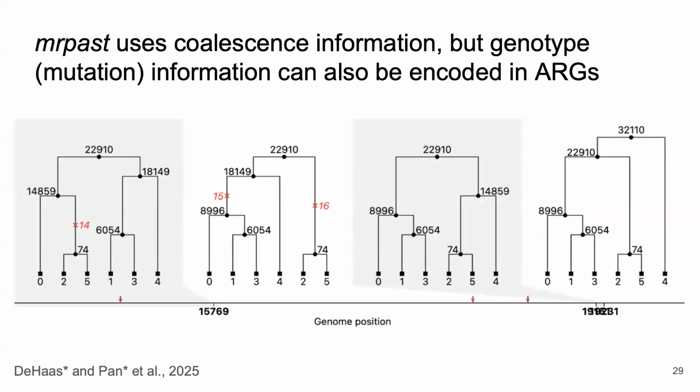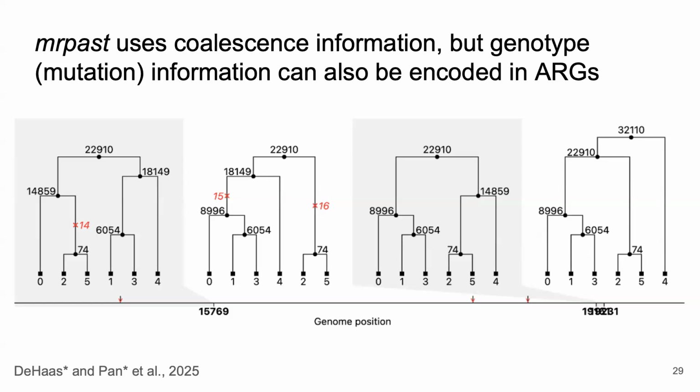So far, I've been talking about utilizing the coalescence time information from an ancestral recombination graph, but an ancestral recombination graph is a lot more than just representing the coalescence time. For example, we can also have mutations represented on the branches of the trees.